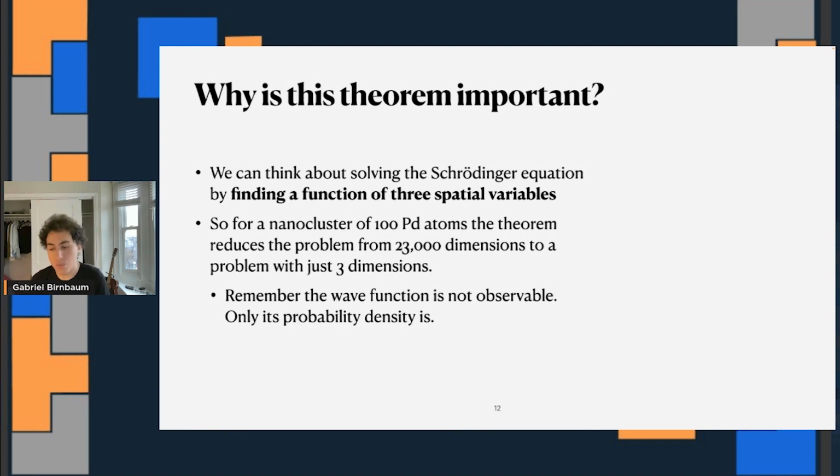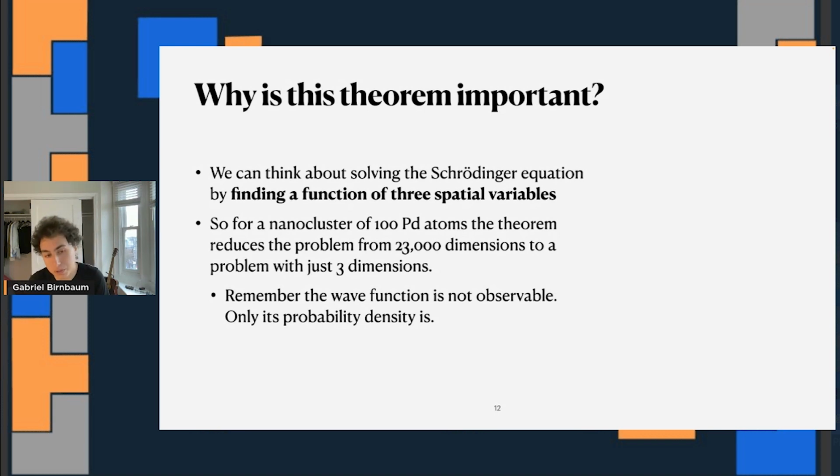That's all we need, rather than trying to solve a function that grows exponentially, which is the Schrödinger equation. A good example is the nanocluster of 100 atoms that we talked about, which would need 23,000 dimensions.